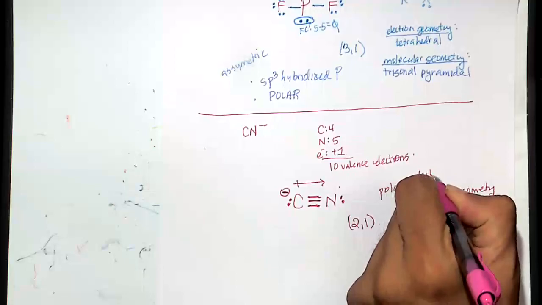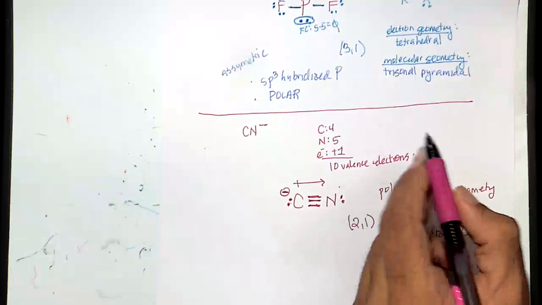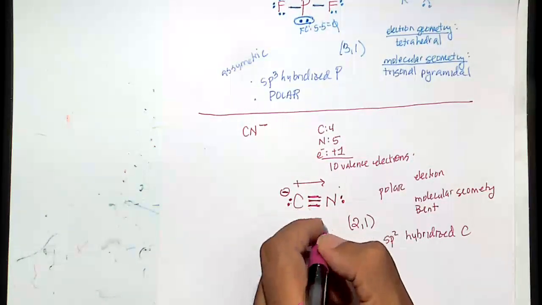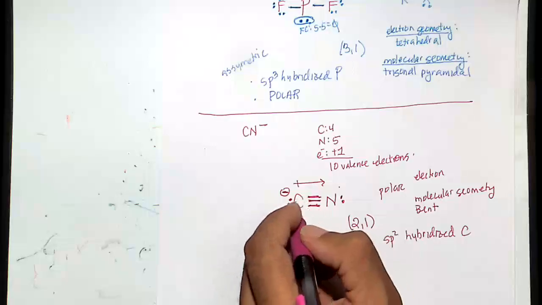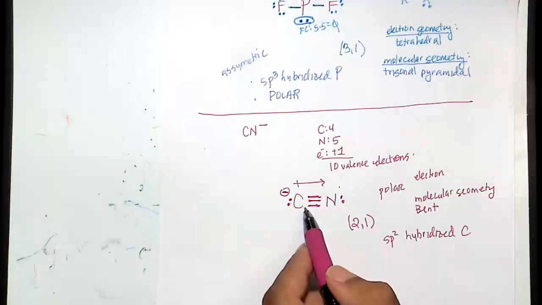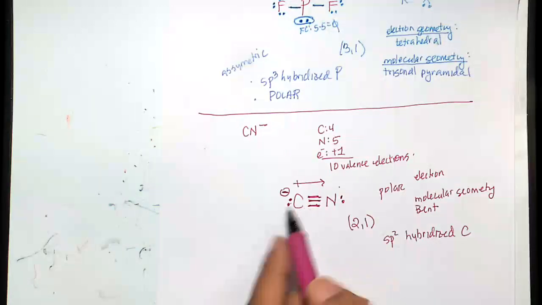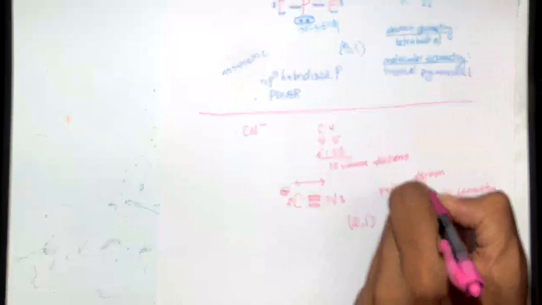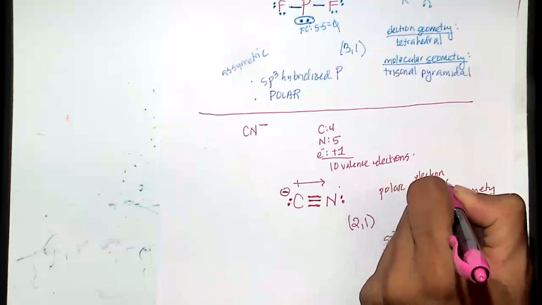Molecular geometry is bent. The electron geometry is trigonal planar. 2 bonds, 1 lone pair. Wait, 1 bond, 1 lone pair. Anyways, we'll just go with that.